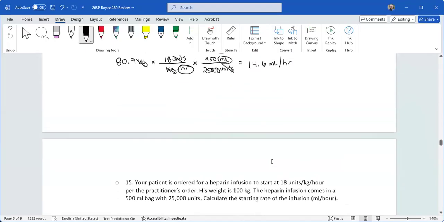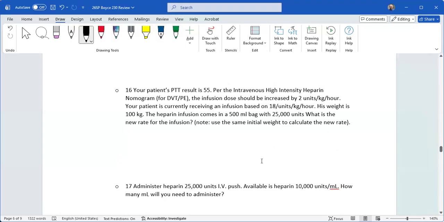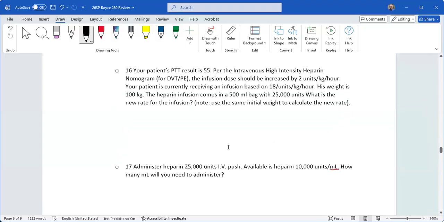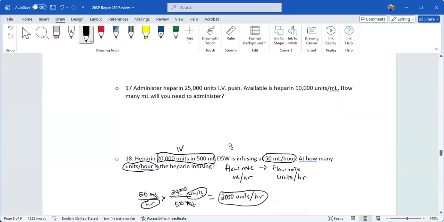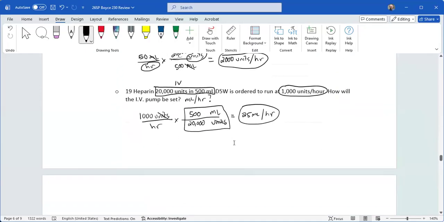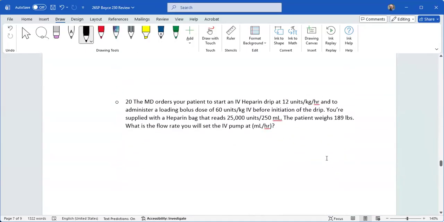Okay, give me 1 second. Let me find a good bolus information question. All right. So for this question, let me just double check and make sure I have a bolus.